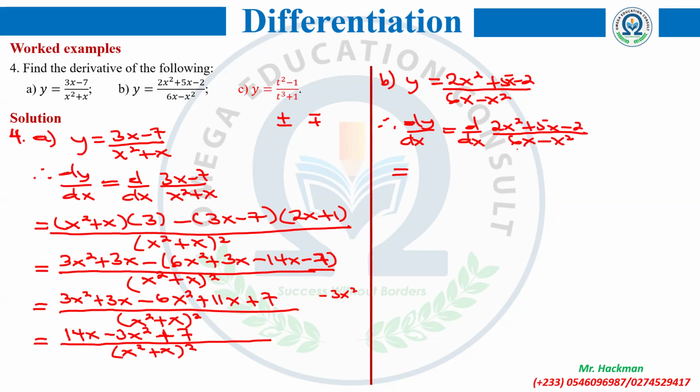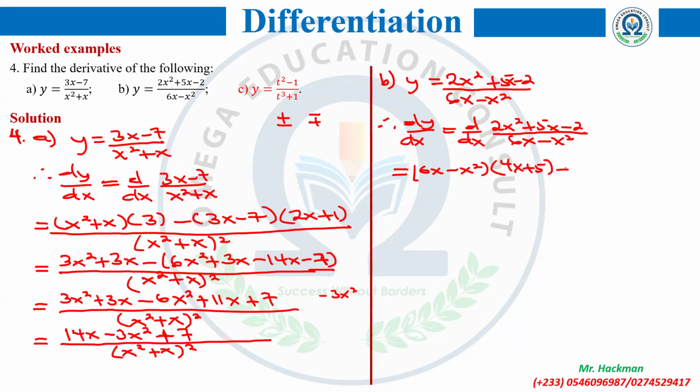So we hold the denominator function, which is 6x minus x squared. Then come and differentiate the numerator function. Let's differentiate together. 4x plus 5. Very good.